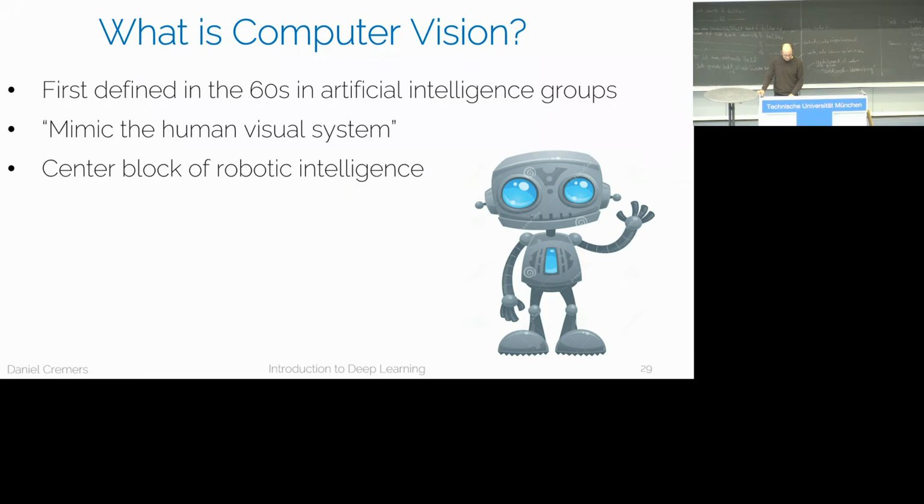But in the 1960s, there was a group of researchers that formed with the aim of mimicking the human visual system. To do it for robotics applications, because this is a central building block so that the robot understands what's in front of it, abstracts, and applies learning.